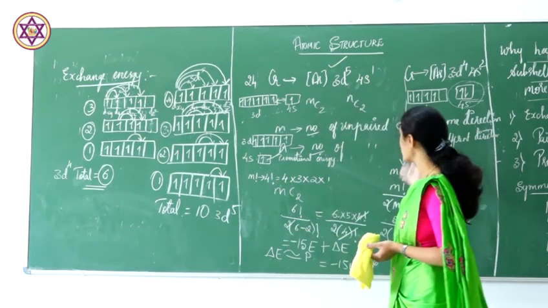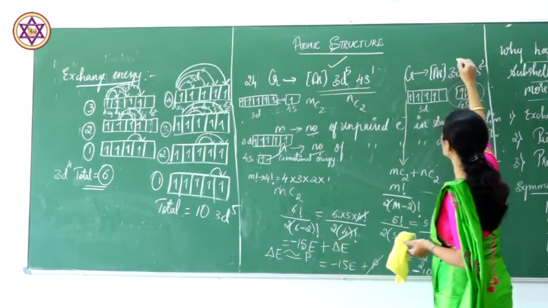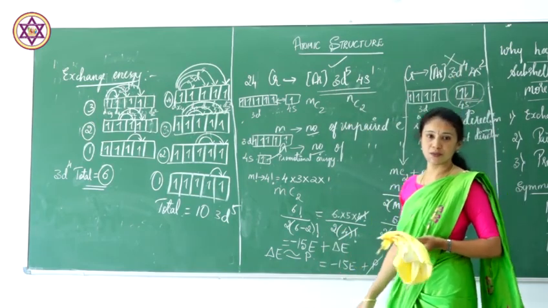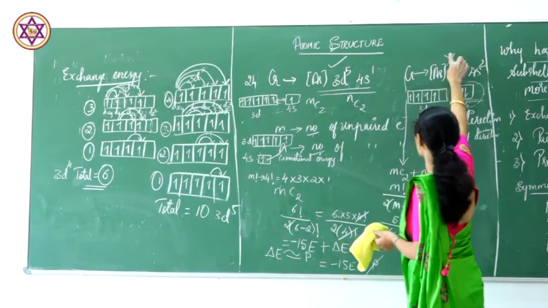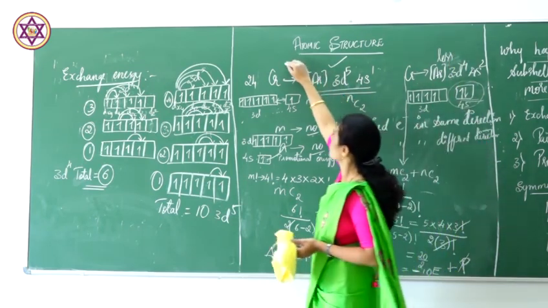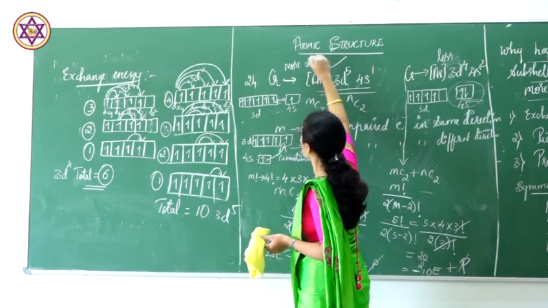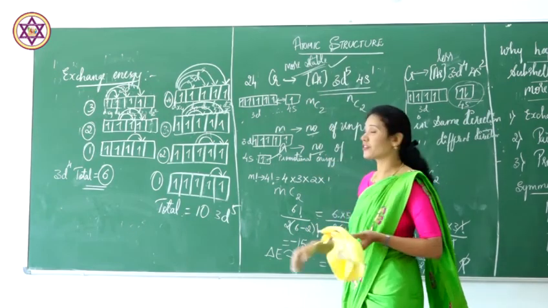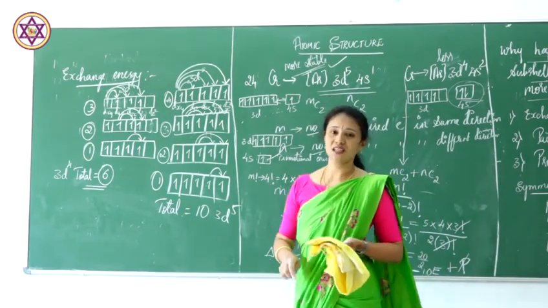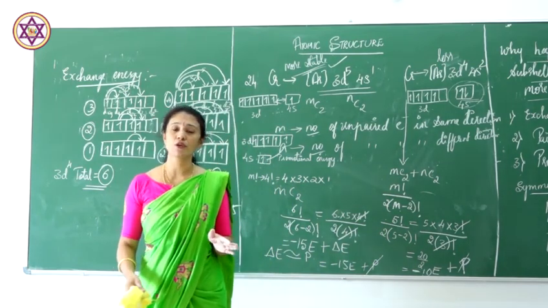And in this calculation, you all came to know that this is more stable compared to this. This is less stable and this is more stable because it is having half filled electronic configuration in a D subshell. So it is clear, I think, for you all students.